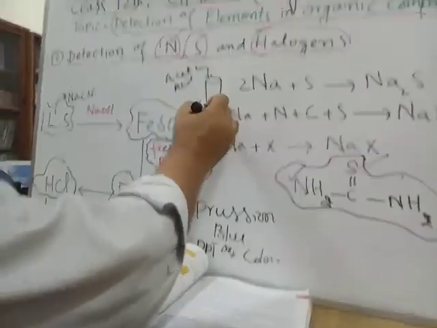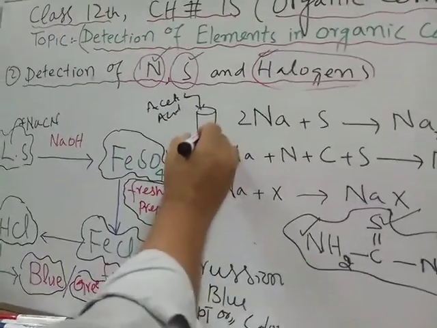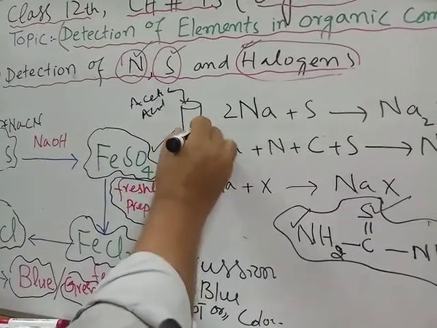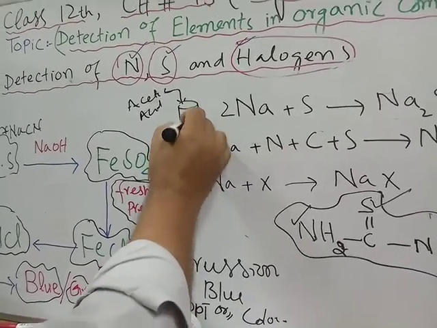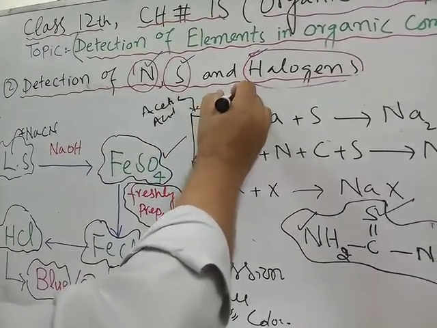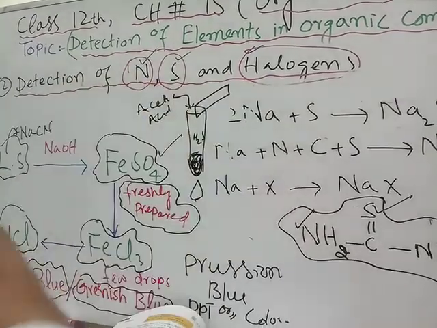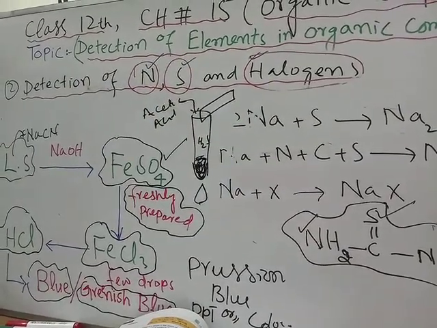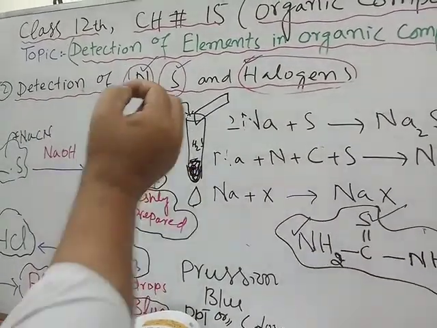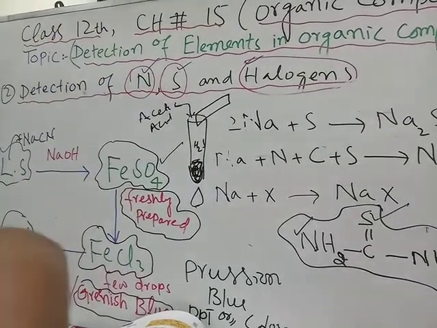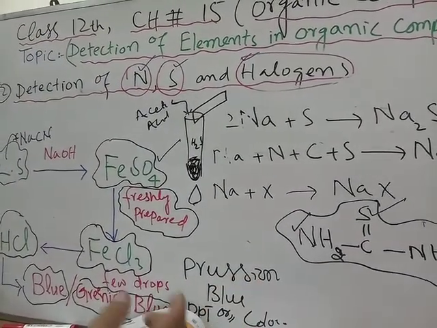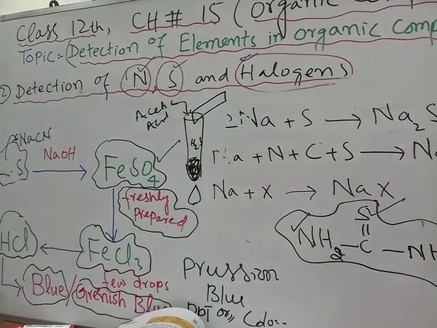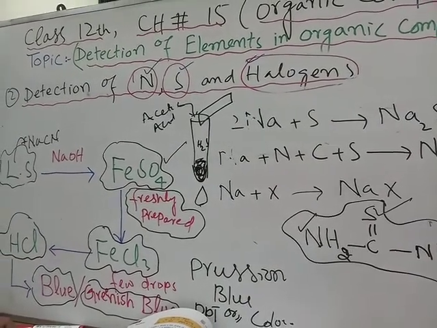Hydrogen sulfide, H2S, is released, the vapors go out, so bring a lead acetate paper here. If the wet lead acetate paper turns black, this means this organic compound contains sulfur, otherwise not.